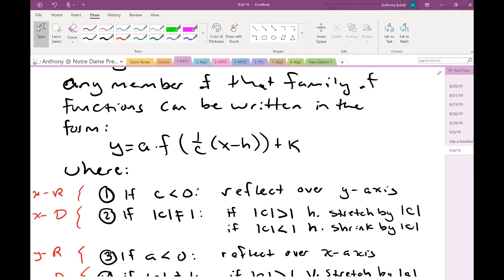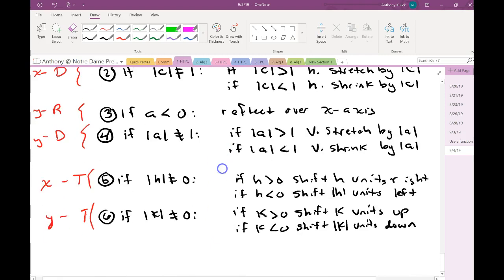So I'm going to go back and look at this general form here. So let's look at h. What variable is h attached to, x or y? X, right? And notice when we talked about the h's, we said it was a translation in the x direction.